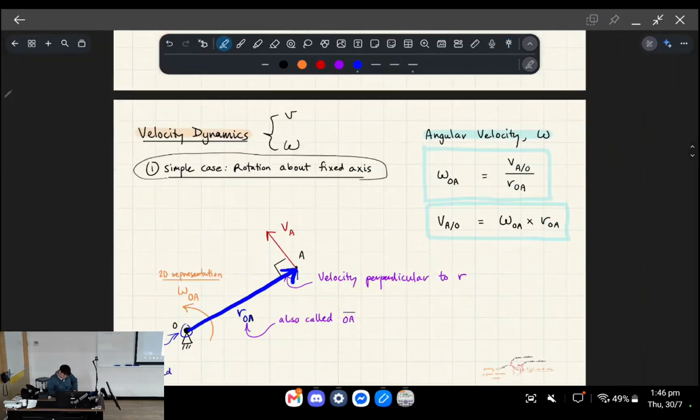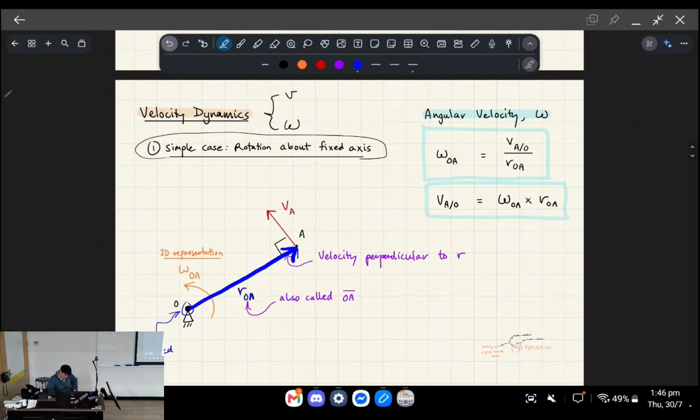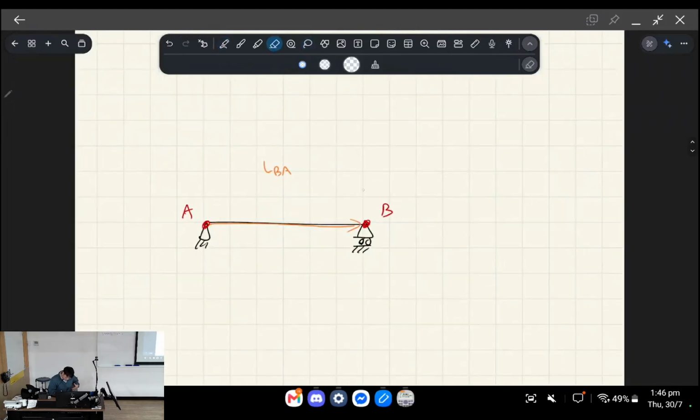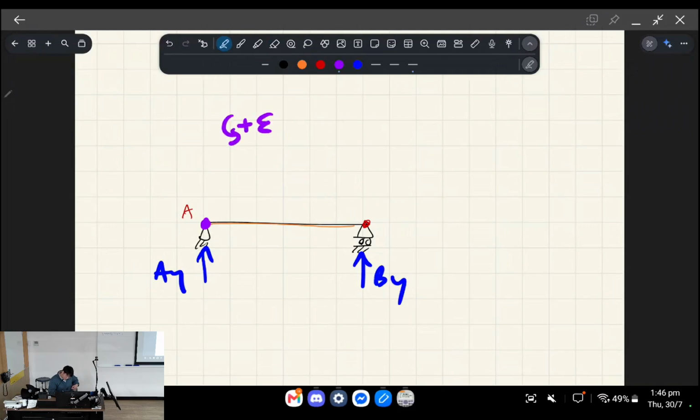Okay, so this should kind of remind you of an earlier scenario, when we were doing, let's just say, a beam, okay? So let's say you've got a reaction over here, By, and you've got a reaction over here, Ay, and you're doing the sum of the moments, for example. So we're doing static analysis.